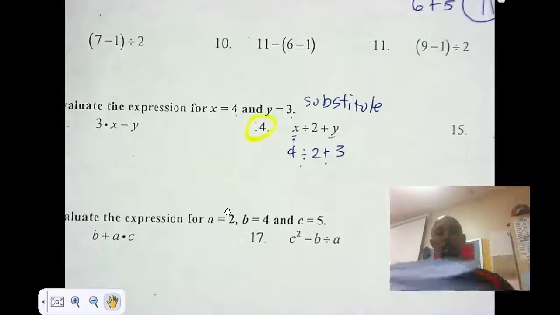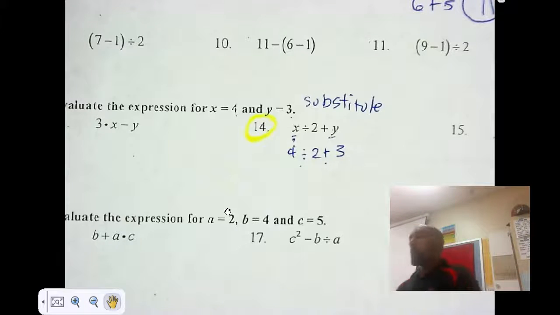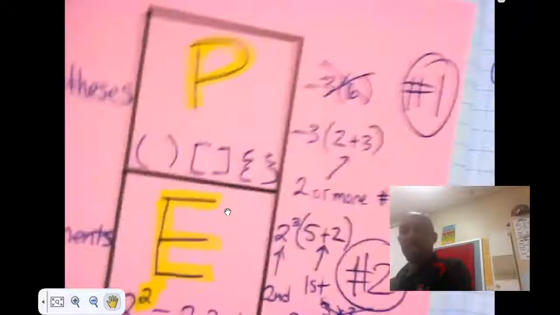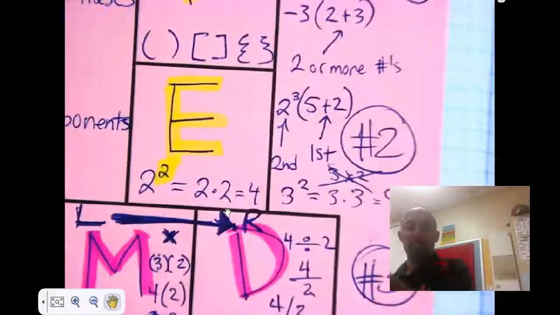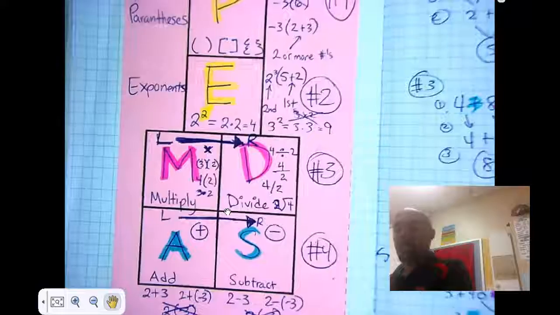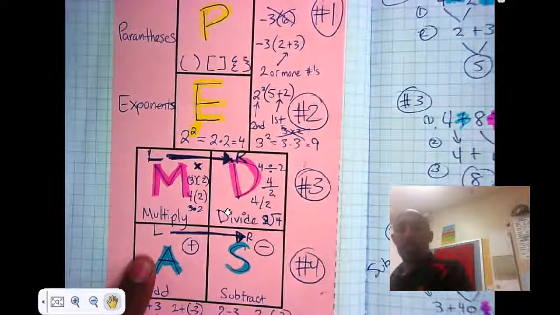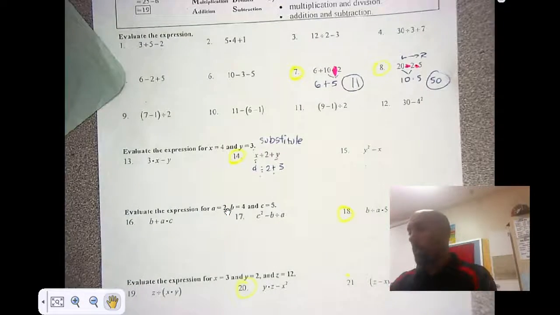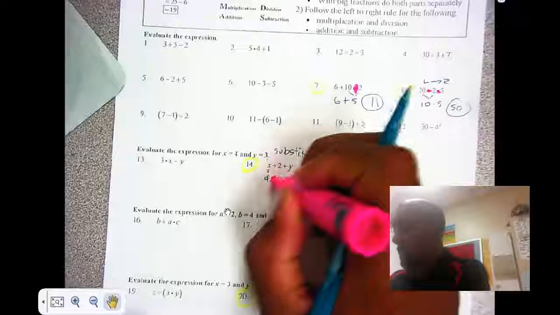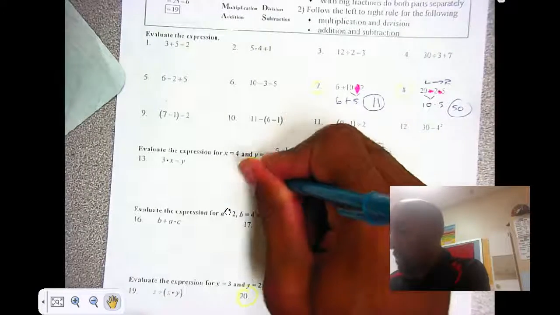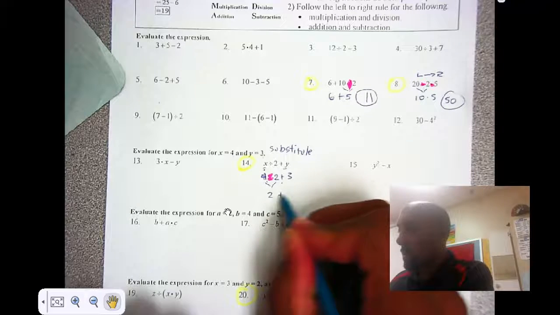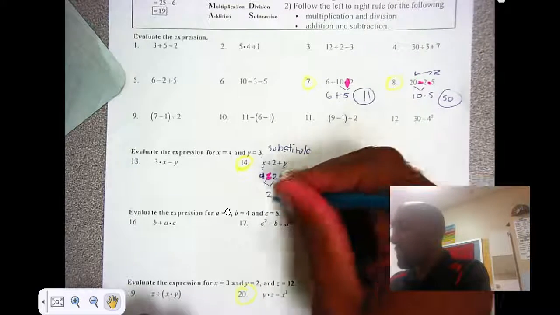What's the first one? PEMDAS. Divide. Oh, and there is plus. So divide comes first. So first divide. Then that was a 4. So 4 divided by 2 is 2. Then plus 3. 2 plus 3.